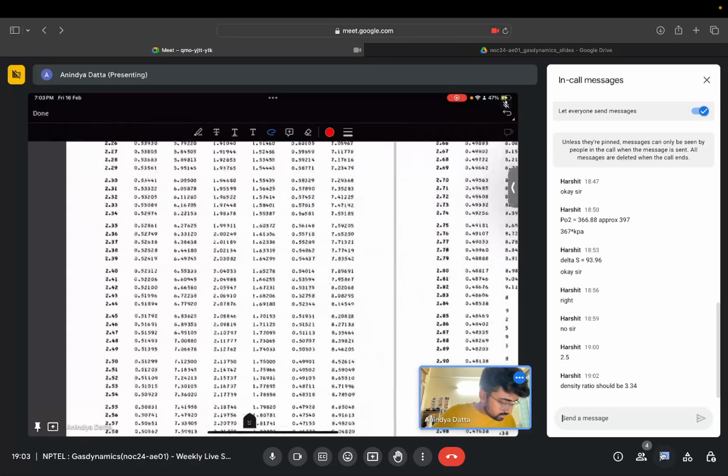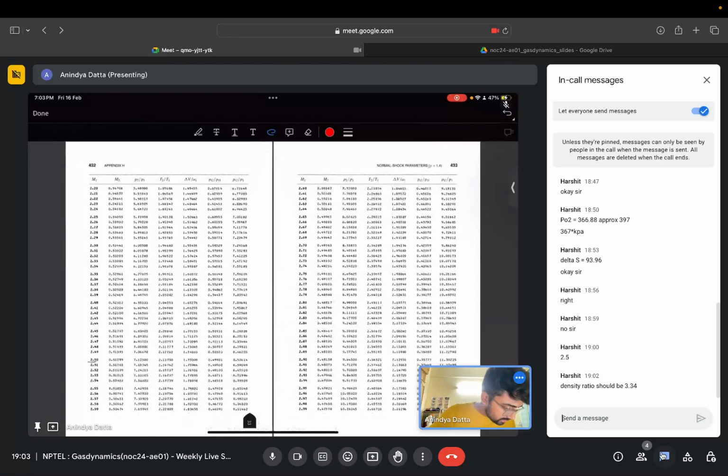So yeah, we need to look at this line. Our P2 by P1 is 7.125 and T2 by T1 is 2.1375.